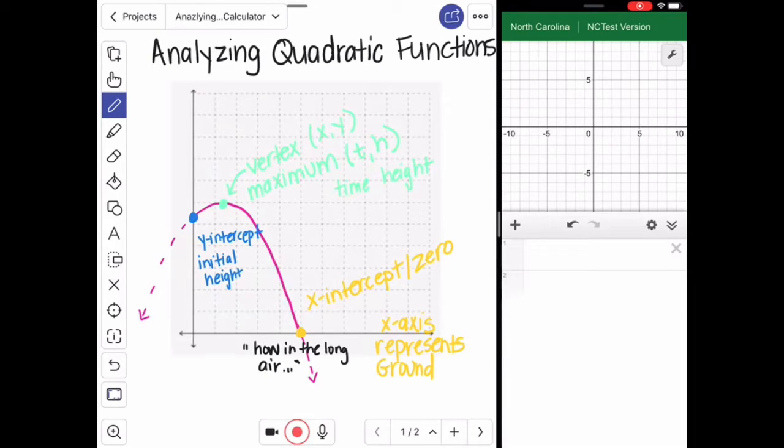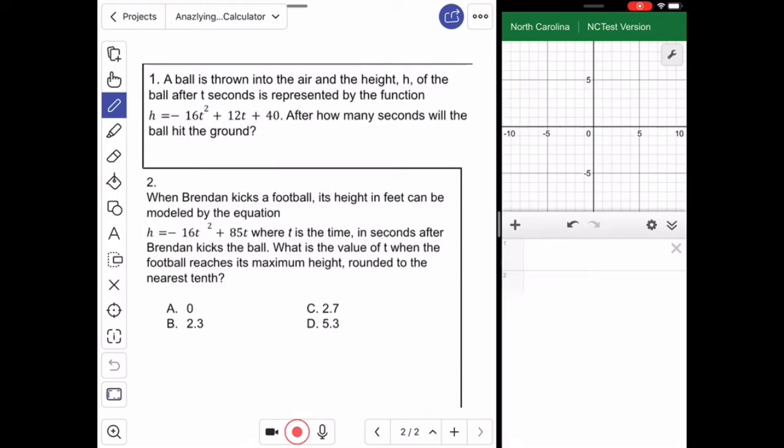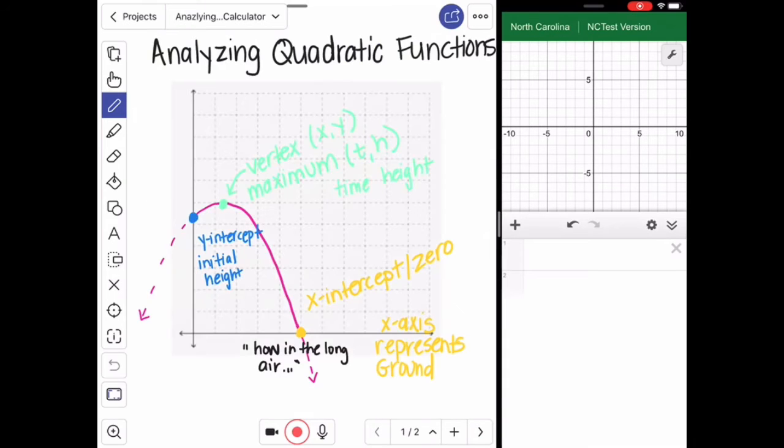So they're talking about when it came to hit the ground. They may also use the phrase hit the ground. All of those are going to represent the x-intercept. So what we're going to do is look at this in an application problem, and look at how to analyze it in Desmos.